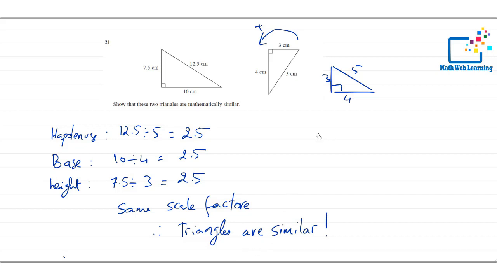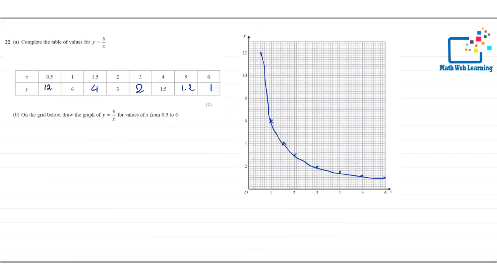Next question is question 22. We have a reciprocal graph y equals 6 over x. You have to fill in the table. So all you have to do is use your calculator and divide 6 by 0.5 to get 12.